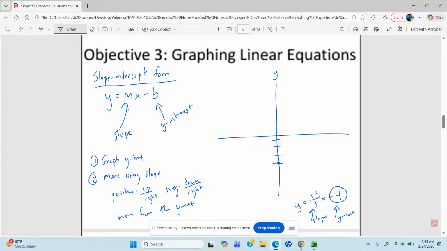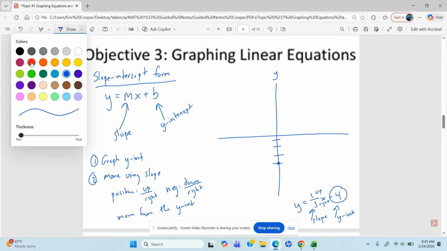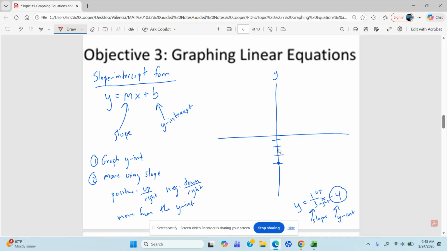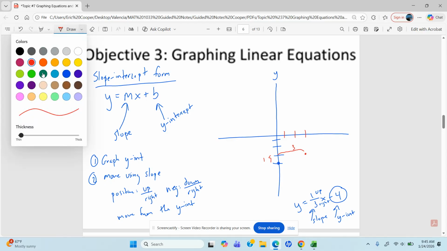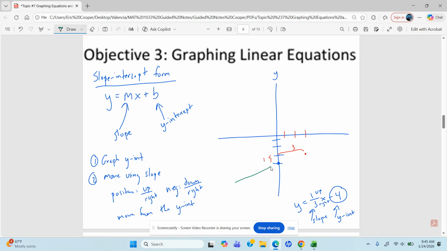So we're going to go up 1 and to the right 3 from the y-intercept. So here's my up 1, here's my right 3, and then from there we can graph our equation through those 2 points. So our objective is always, we want to find the y-intercept and we want to find the slope.